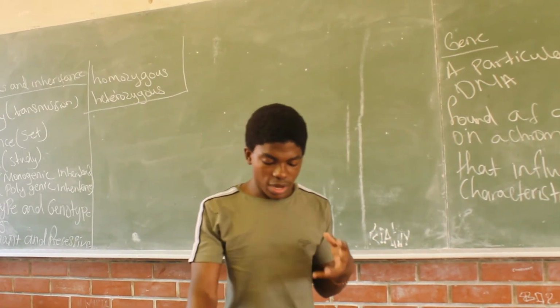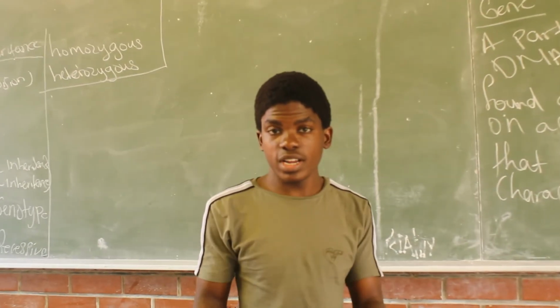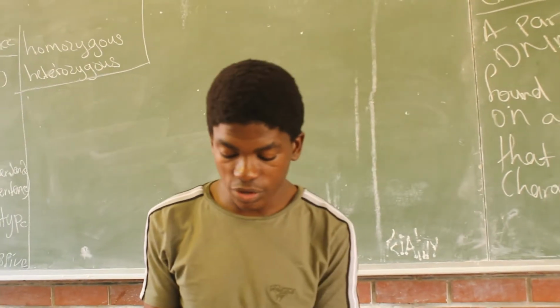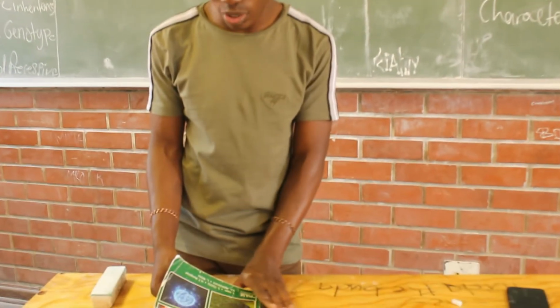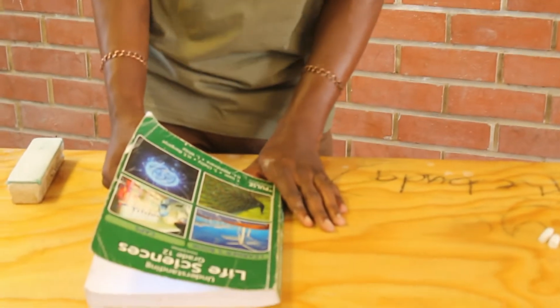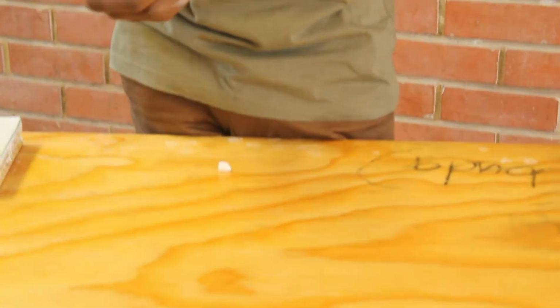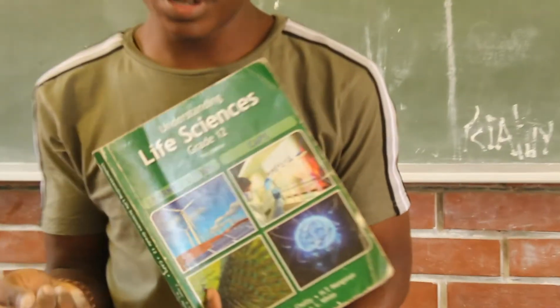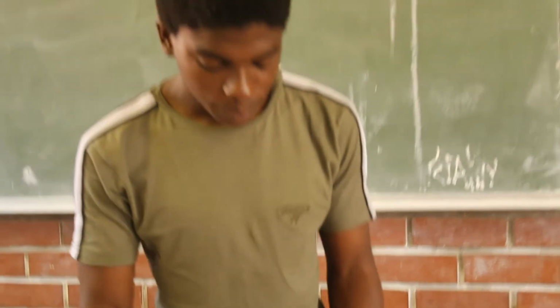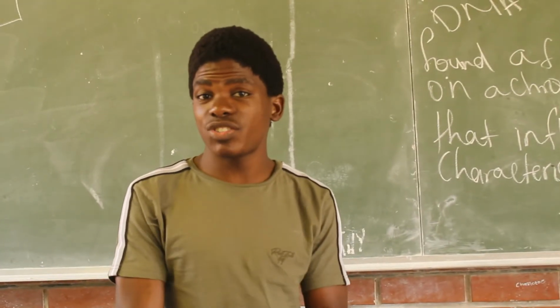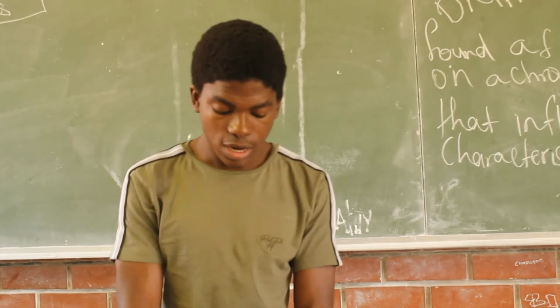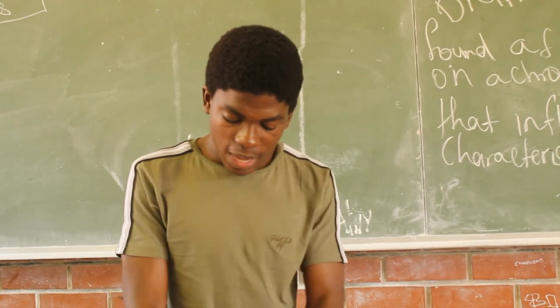I'm going to use an example that is already in the book. The book that I'm using right now is Understanding Life Sciences, grade 12, which is the prescribed book. I'm just going to read what is written down and then I'm going to explain it.